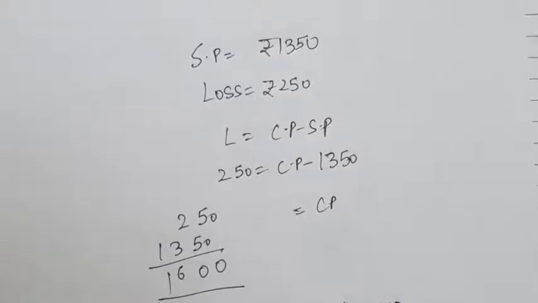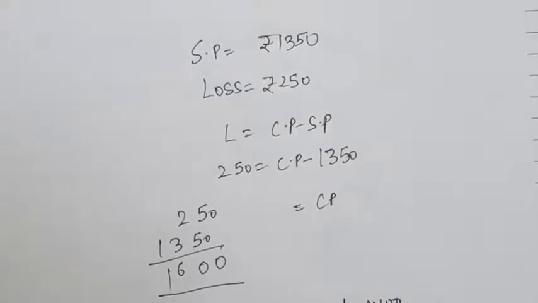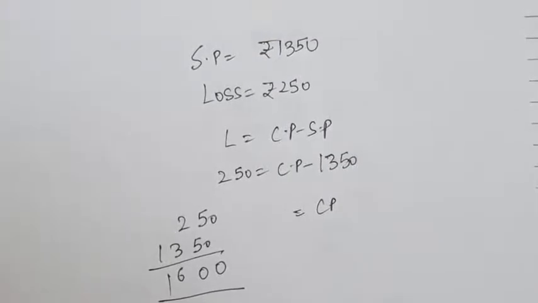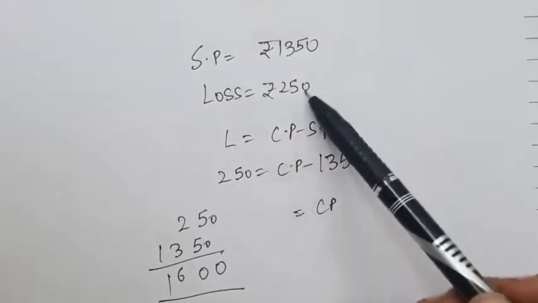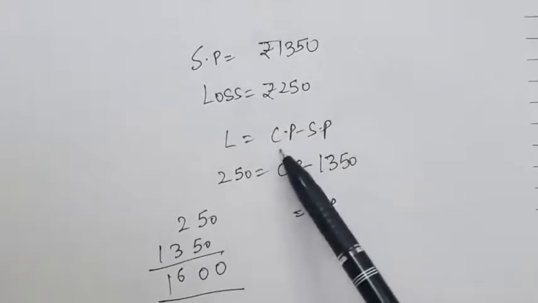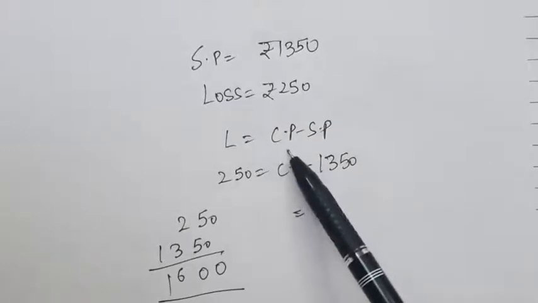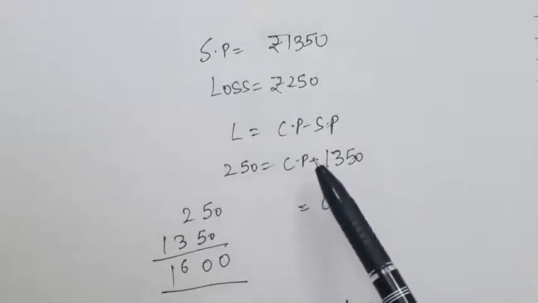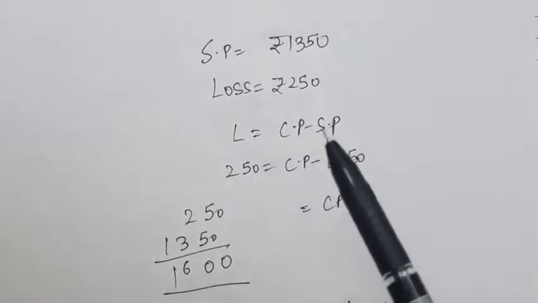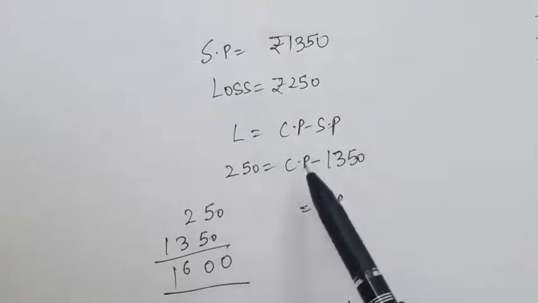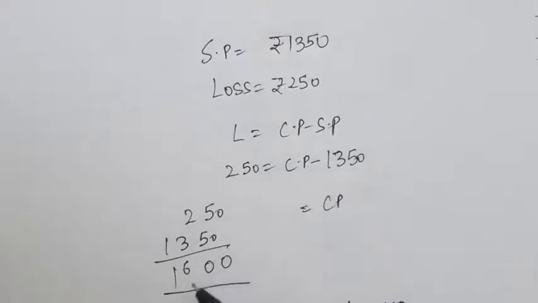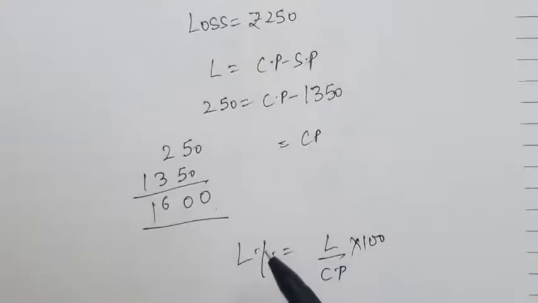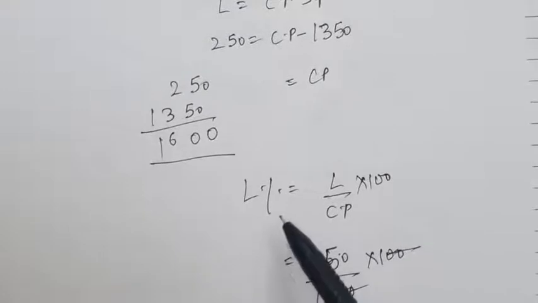The next question is, we have been given the selling price and loss. With the help of these two values, we will first find the value of cost price. We know loss is equal to cost price minus selling price. So we get cost price is equal to 1600. Now we have to find out the loss percent.